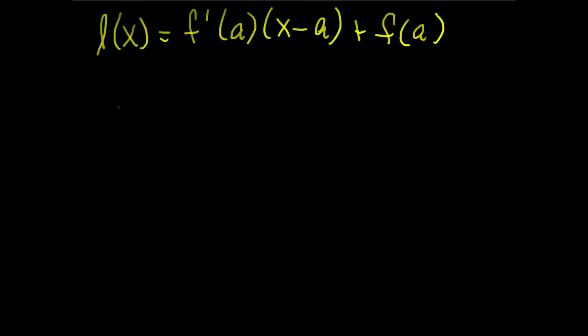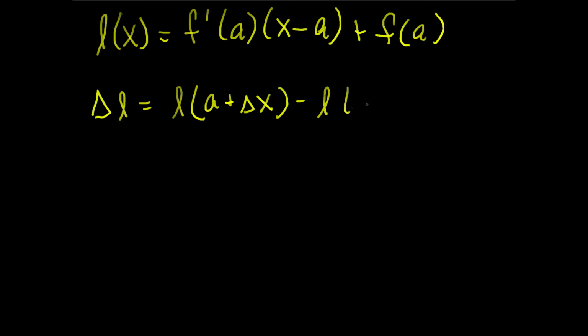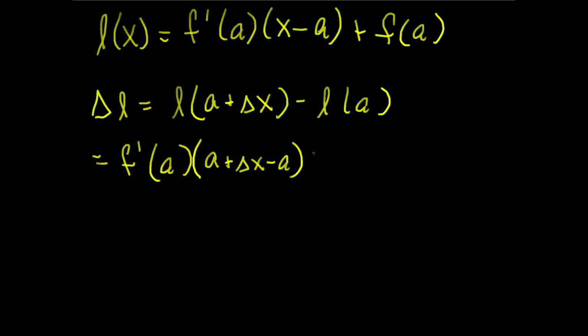So if we want to know the change in L, the change in L is L of a plus delta x minus L of a. So I'm going to put a plus delta x in right there. So this would be f prime of a times a plus delta x minus a, plus f of a.